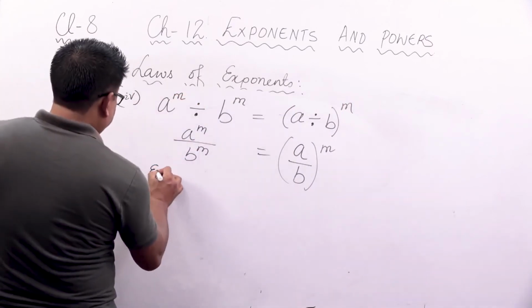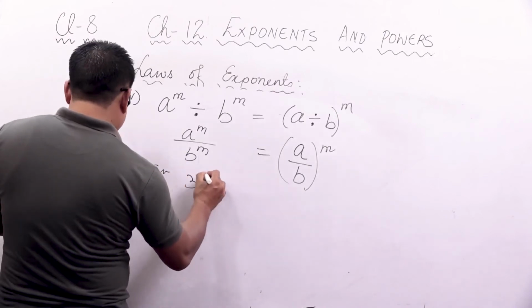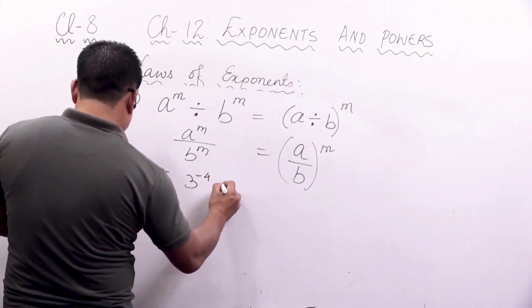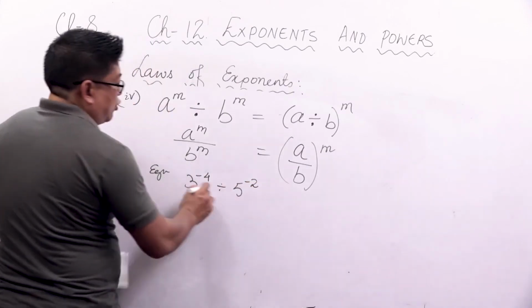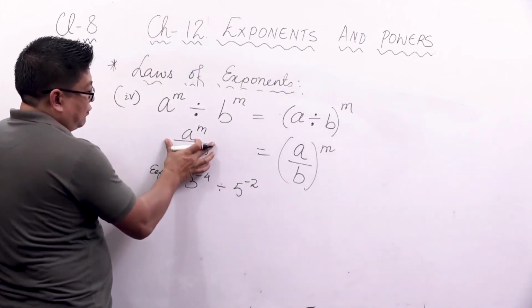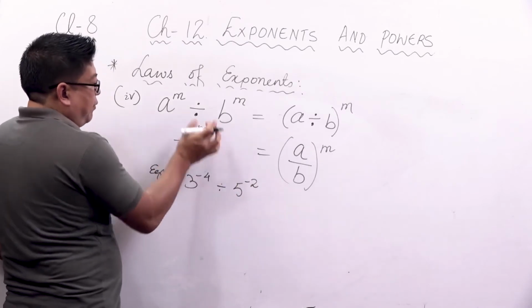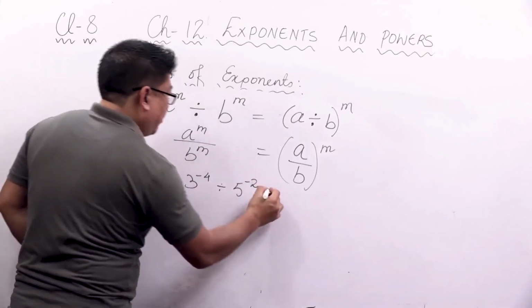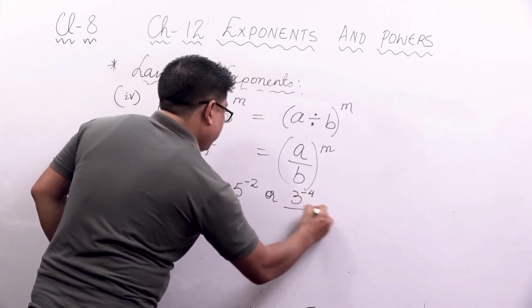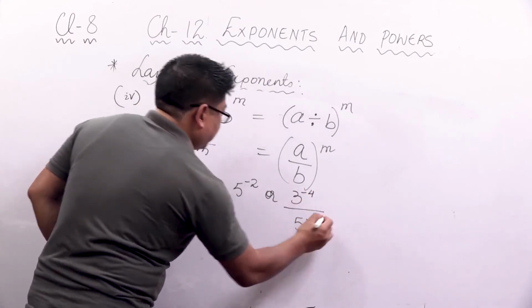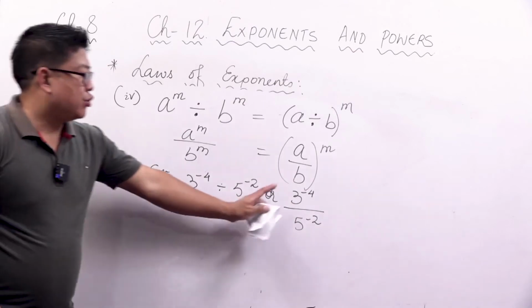If you want to take an example: 3 to the power minus 4 divided by 5 to the power minus 2. This can be written in this form, or 3 to the power minus 4 by 5 to the power minus 2.